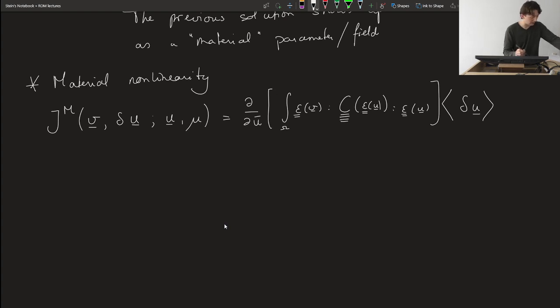And the way that we write down a Gateau derivative is that this is d epsilon of our expression, where we're now replacing our solution u by u plus this epsilon parameter in this direction. So u plus epsilon del u.